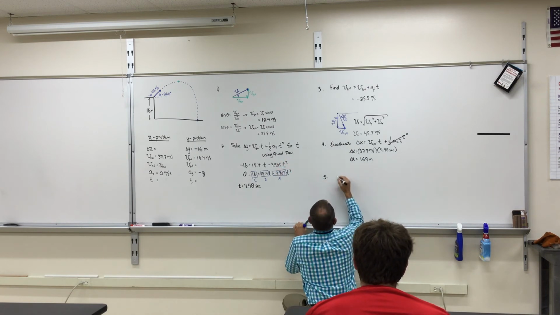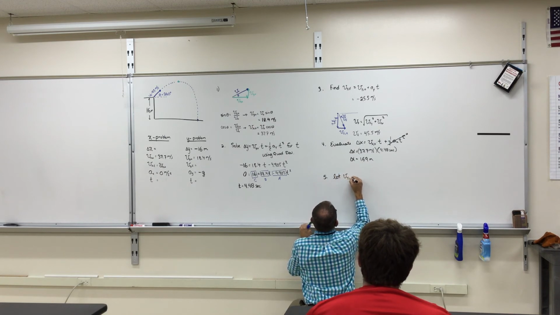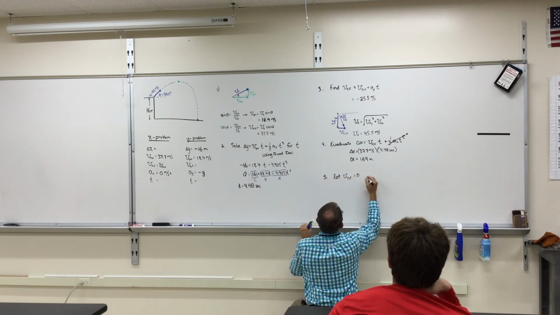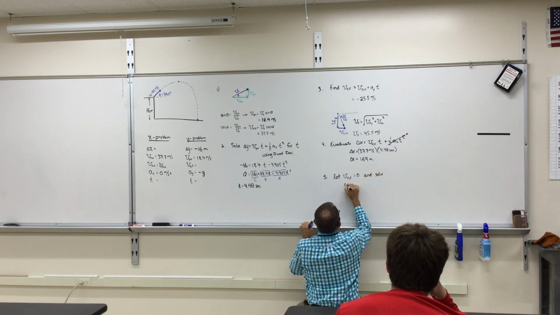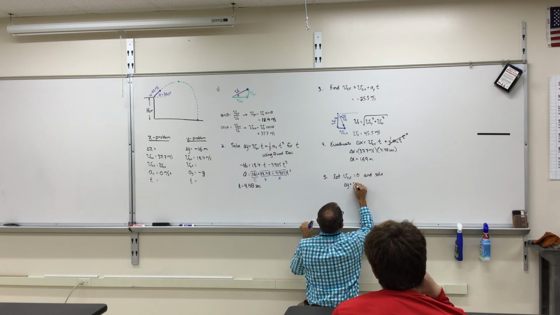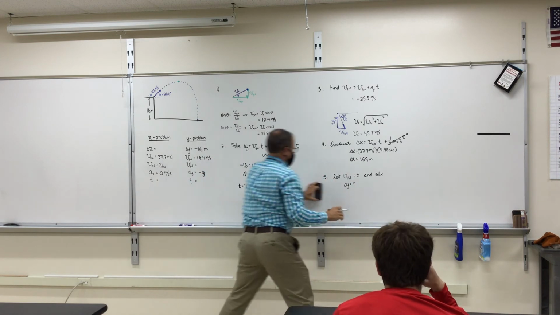So really, you're just going to solve a little sub-problem. We're going to let the velocity in the y direction final equal 0, and we're going to try to find delta y.